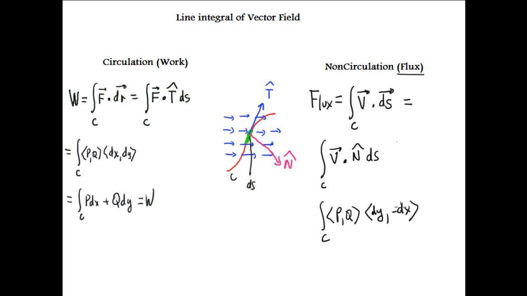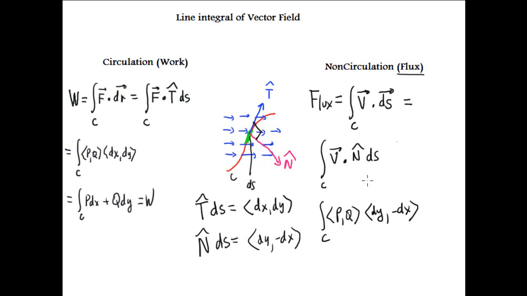Because it's perpendicular, 90 degrees here. If you suppose that the tangent vector times ds is equal to dx comma dy, the normal vector times ds is orthogonal, and orthogonal is dy comma minus dx, because if you multiply the dot product, dx dy positive, dx dy negative is 0, orthogonal.